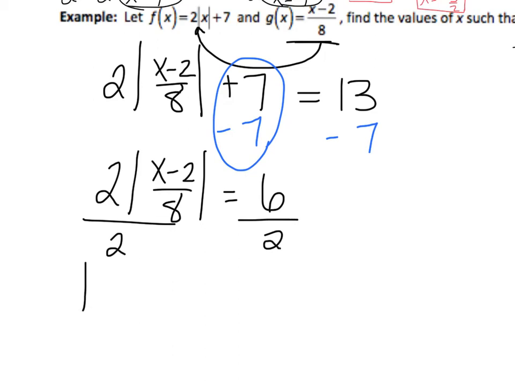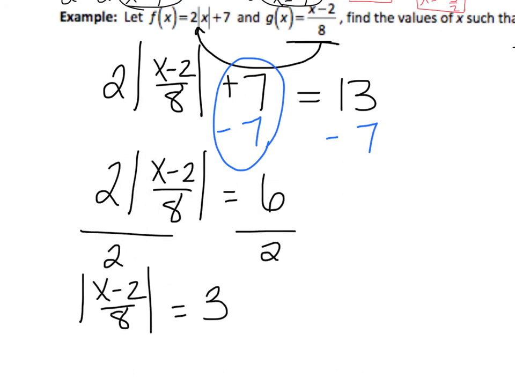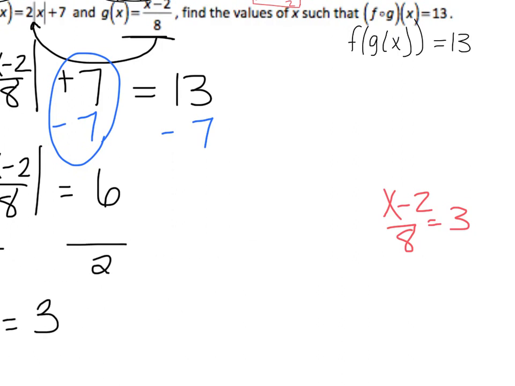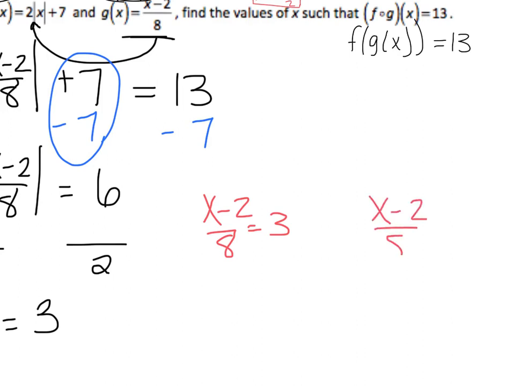So now I have absolute value of (x minus 2) over 8 equals 3. And since it equals a positive number, I know I'm going to have a solution here, not like the other one up above. So creating two equations, (x minus 2) over 8 equals 3, and (x minus 2) over 8 equals negative 3.